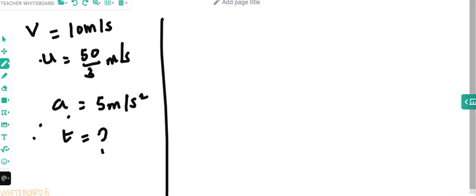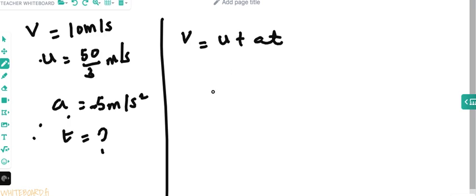We have initial velocity, final velocity, and acceleration. This acceleration is going to be negative because it's retarding, so put a negative sign there. The formula we can use is v equals u plus at.